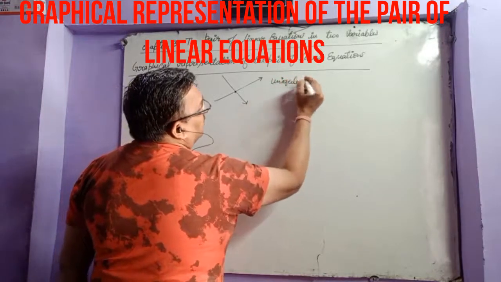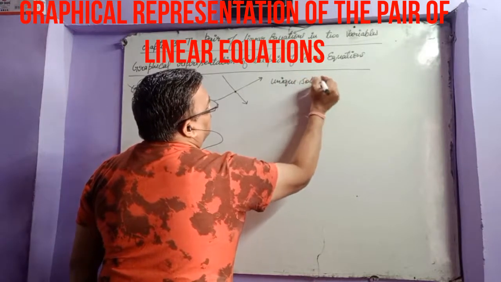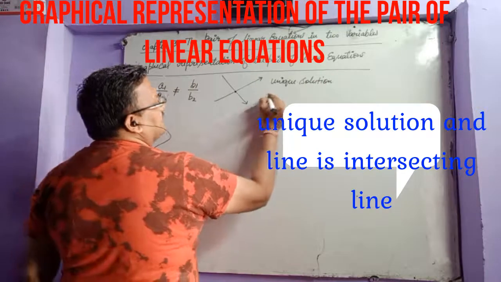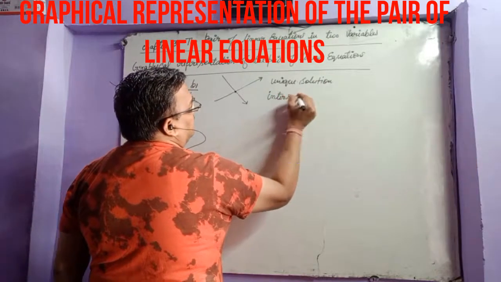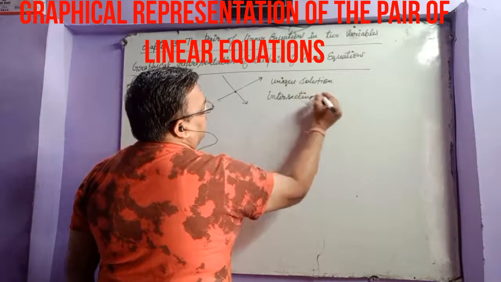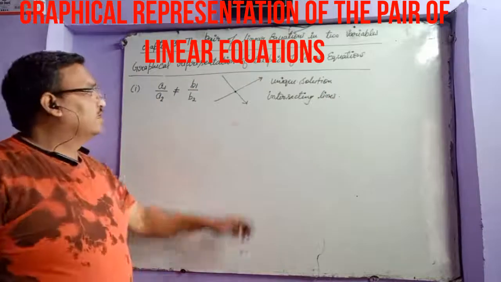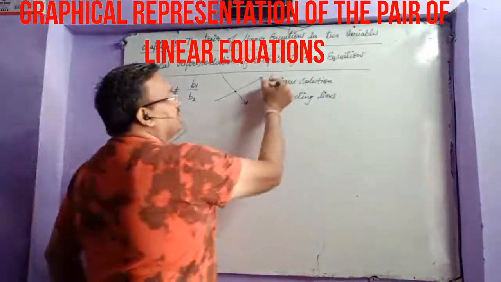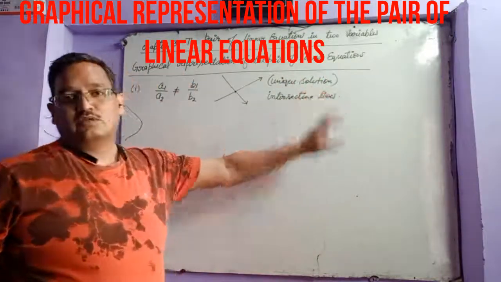These are intersecting lines. Since they intersect each other at one point, they represent one solution, that is called a unique solution.